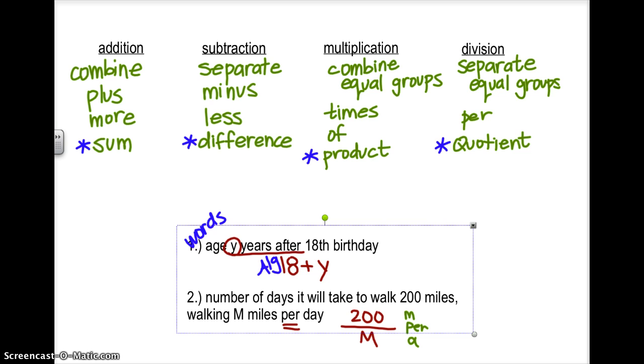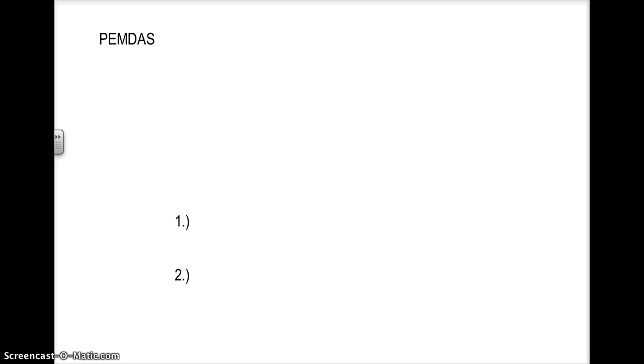Okay, so now we're going to talk a little bit about how we simplify these things. A couple different things we're going to talk about. One is like terms, the other is PEMDAS. You all know what PEMDAS is. You don't even probably need to write this down. Okay, please excuse my dear Aunt Sally.